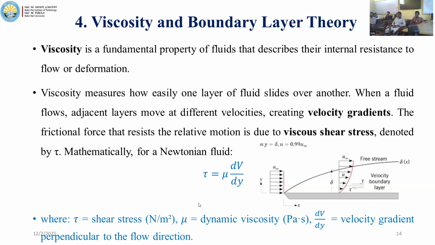Here, tau is the shear stress, which is given in Newton per meter squared or Pascal. And mu is the dynamic viscosity, which is given in Pascal second. And dv over dy is the velocity gradient, which is perpendicular to the direction of the flow.